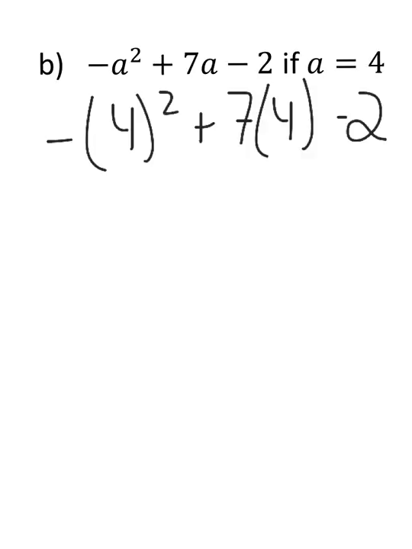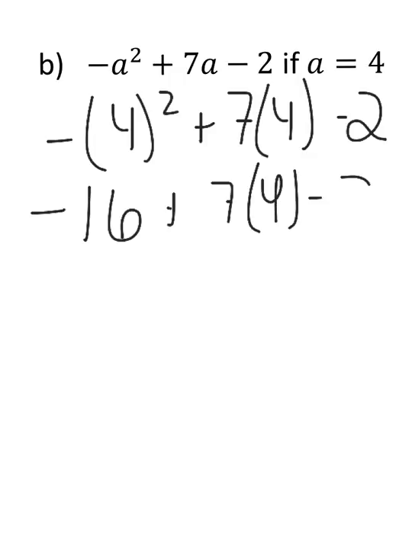There's nothing to do within the parentheses, so I'm then going to continue to exponents. 4 squared is 16. My next step then is multiplication. I'm going to again leave everything else the same unless I'm actually using the numbers or the variables or the operations that I'm showing. 7 times 4 is 28.